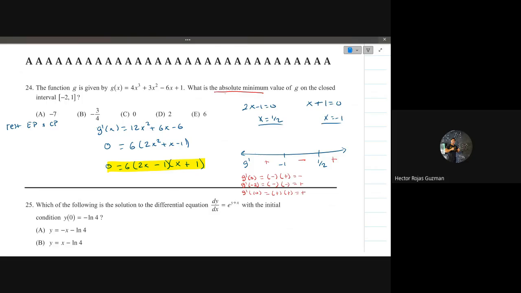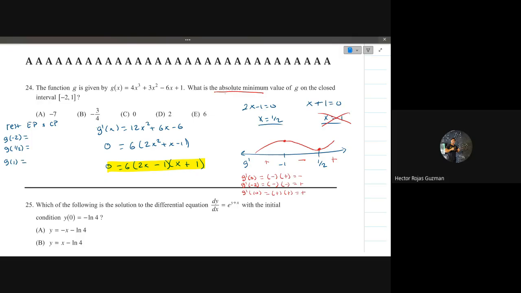Since g is increasing and then decreasing, I know -1 is a maximum. And when you get to 1/2, you start increasing, so here we have a minimum. At this point, I'm not even going to use -1. We just have to figure out what g of -2 is, what g of 1/2 is, and what g of 1 is, right? We test all the critical points and the endpoints.